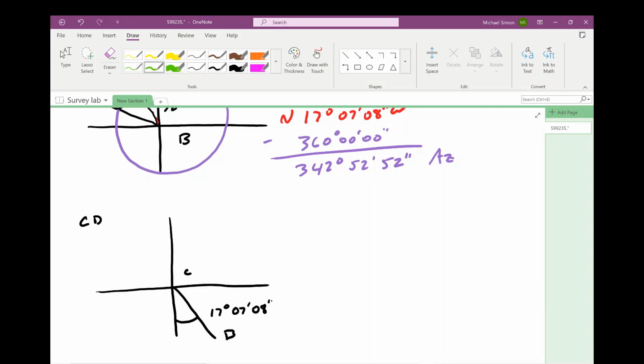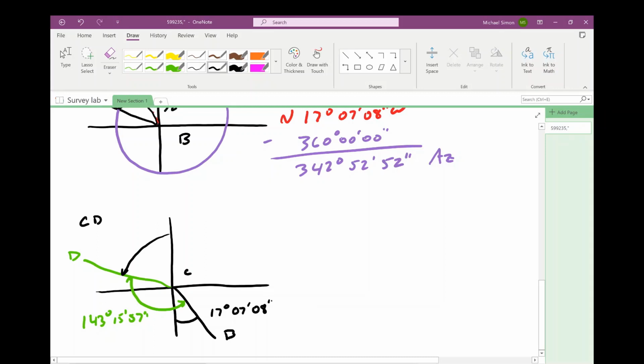I draw in my internal angle. My internal angle is 143 degrees. So that'll be CD. That is 143 degrees, and I'm using my adjusted angles, 15, 57. That's what I'm looking for, CD.